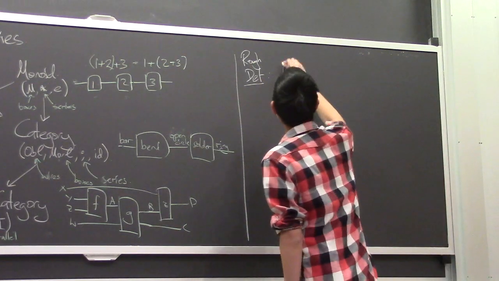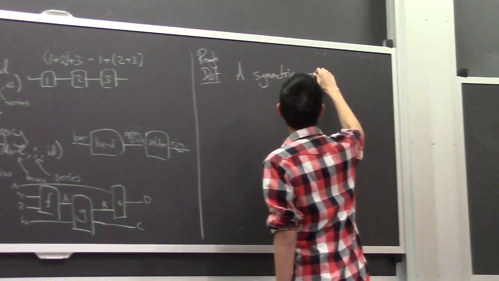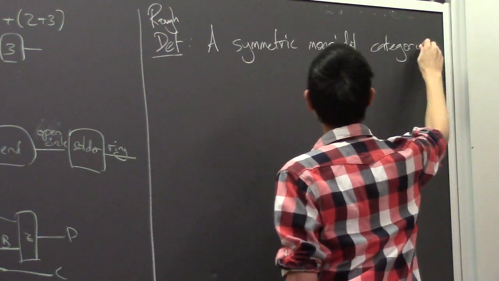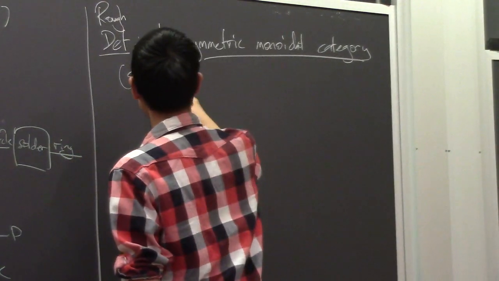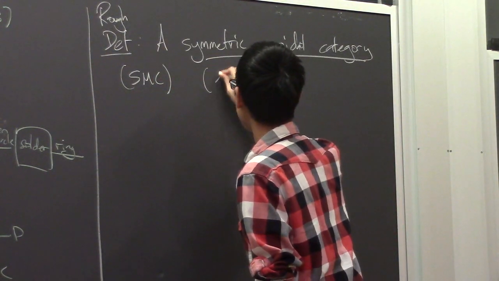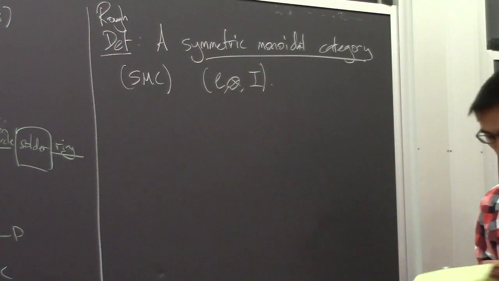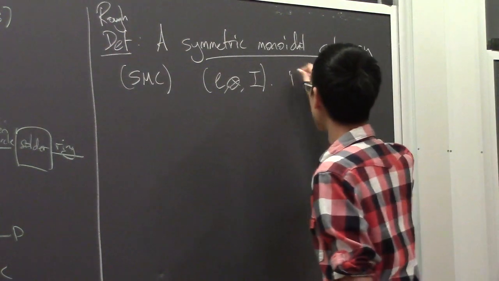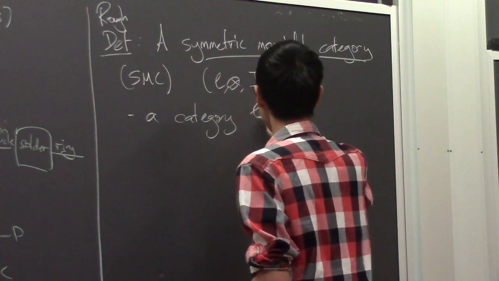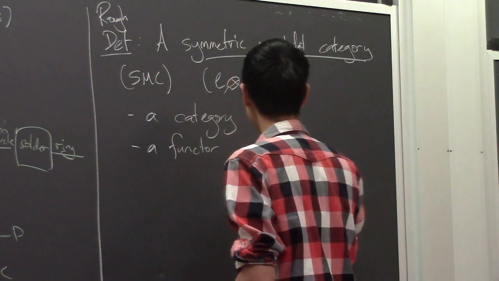So a symmetric monoidal category, which I'll abbreviate SMC because that's too long to write, and I often write these as a tuple, is first a category C, and then a functor called the monoidal product.